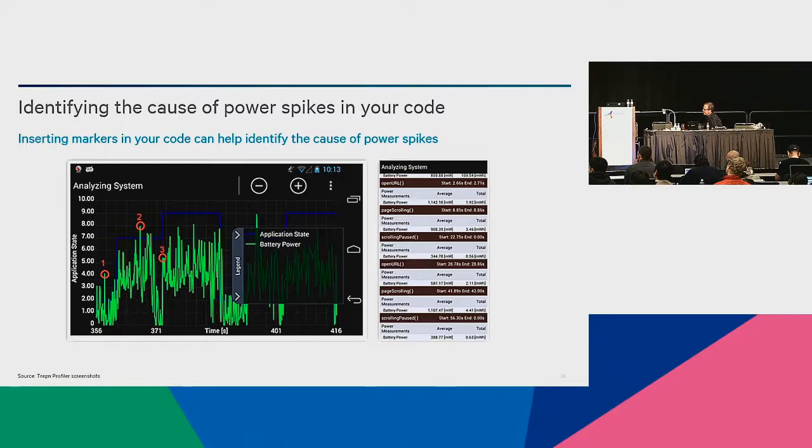In this second state, this is the marking for when the browser is loading a page, and you can see that the battery power consumption is significantly higher. And in this third state, this is when you're scrolling down to the bottom of the page, and you can see the battery power consumption here is high as well.